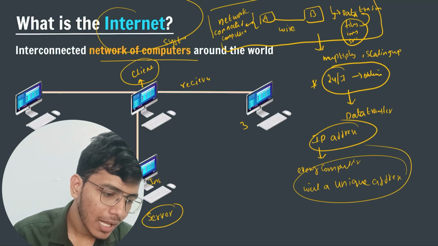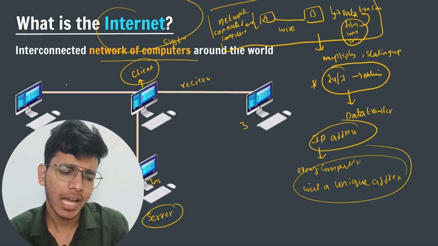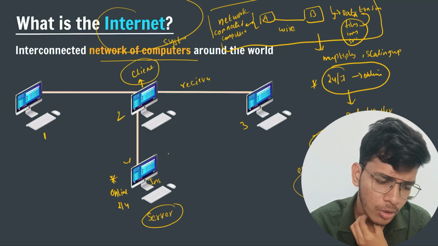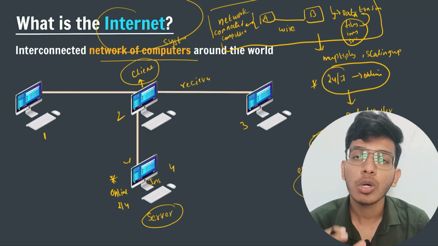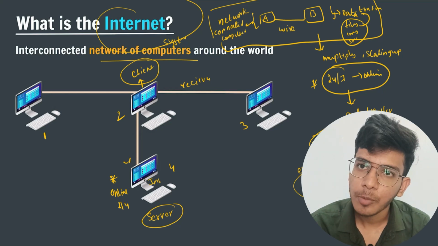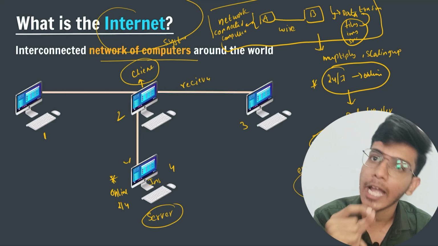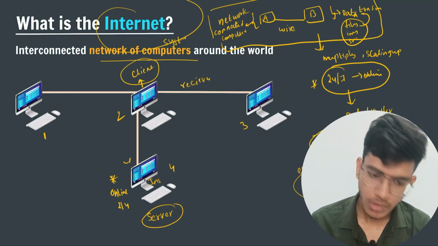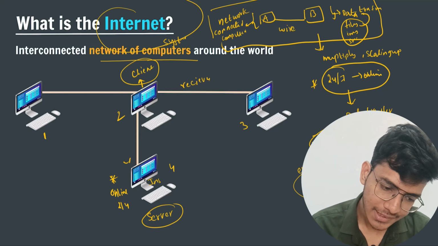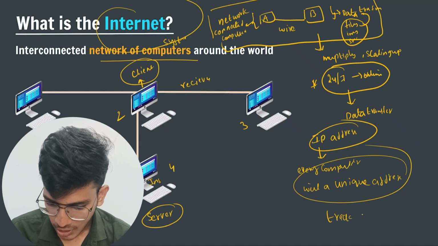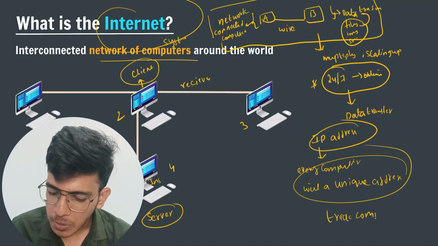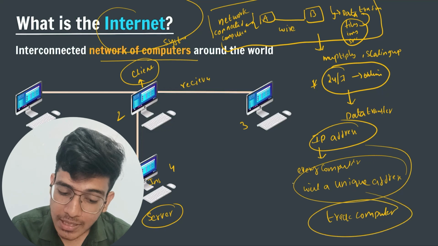Similarly, for example, in this diagram we have 4 different systems, 4 different computers, and these computers will have their unique IP addresses. These IP addresses are used to track computers and the information within the computer.